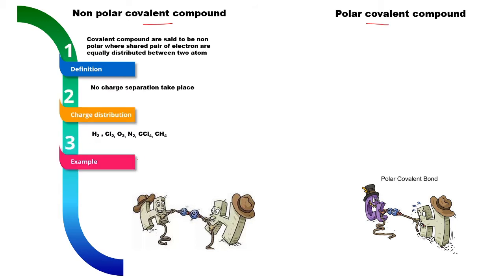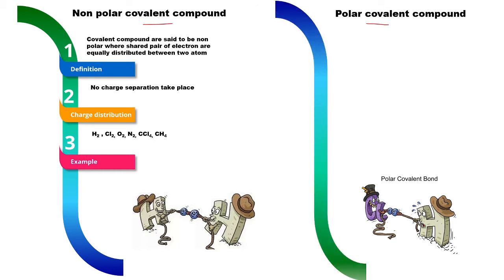Examples of non-polar covalent compounds are hydrogen, chlorine, oxygen, nitrogen, carbon tetrachloride, and methane. When you take the example of chlorine, two similar atoms are involved in the covalent bond formation. Therefore, the electron pair will be equally distributed between them.